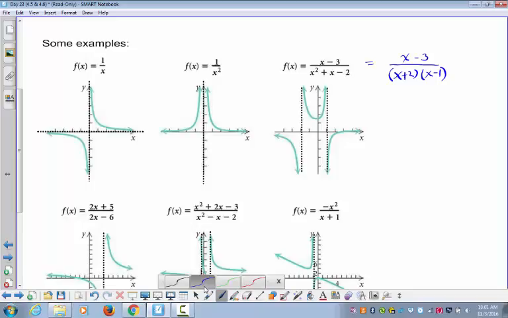That's why we have a vertical asymptote along the y-axis. Same argument here. Here, the denominator is 0 at -2 and +1, and the numerator is not simultaneously 0, so both of those are vertical asymptotes.